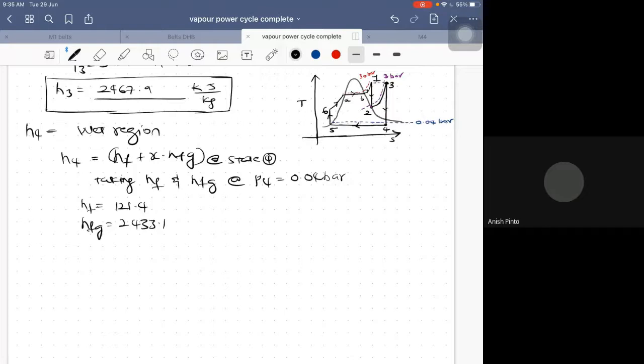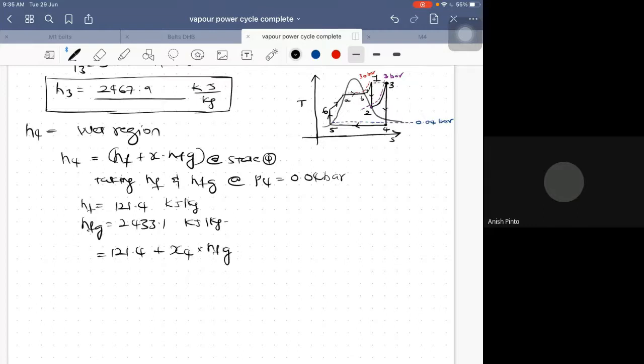Both are in kilojoules per kg. Very good. So HF and HFG we have found out. If I substitute back, it is 121.4 plus X4 into HFG.